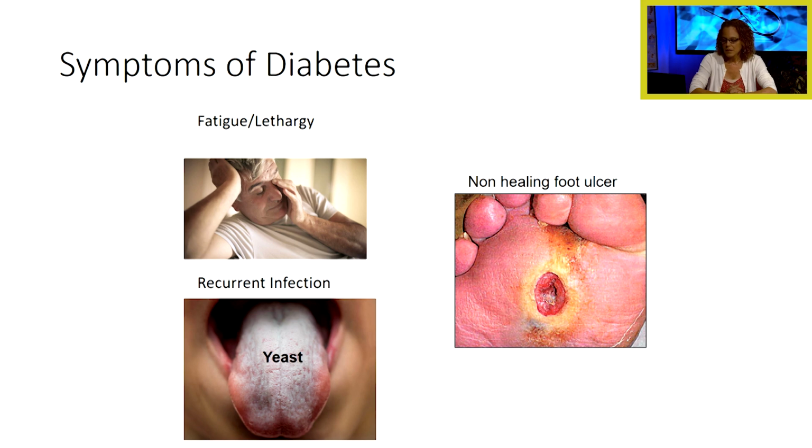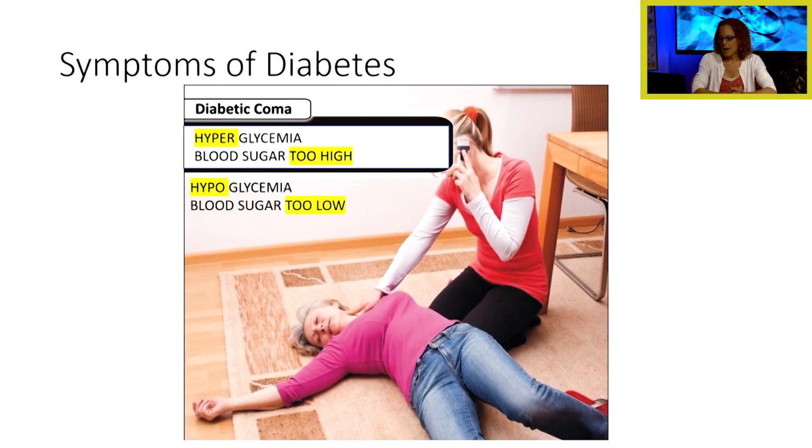This can be kind of itchy or painful. Also a non-healing foot ulcer we see here. Someone may be a type 2 diabetic and not even realize that they have a small blister on their foot. And then it turns into a non-healing foot ulcer like the one that we see here. So these are some of the symptoms that we might see.